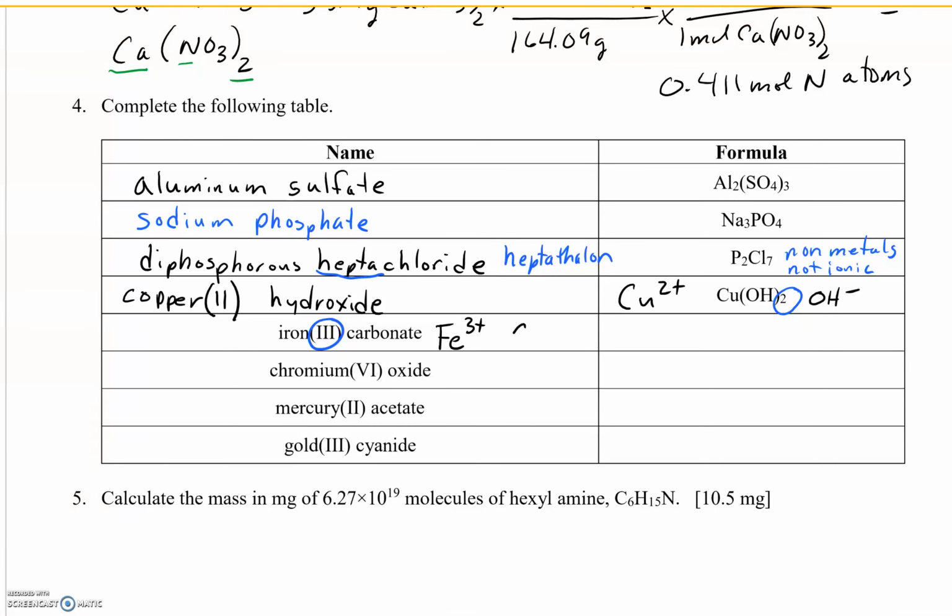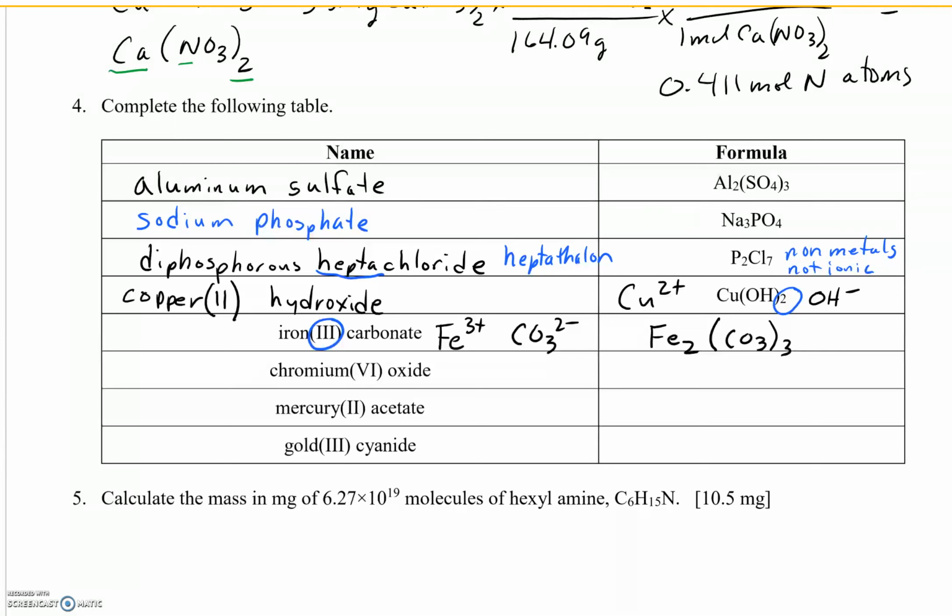Carbonate is an ion you should know. It's CO3 2-. The lowest common multiple between +3 and 2- is 6. So the formula needs to have 2 iron ions and 3 carbonate ions in order for the charges of +6 and -6 to be equal to each other.